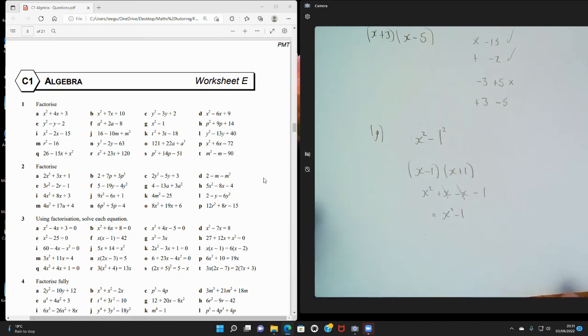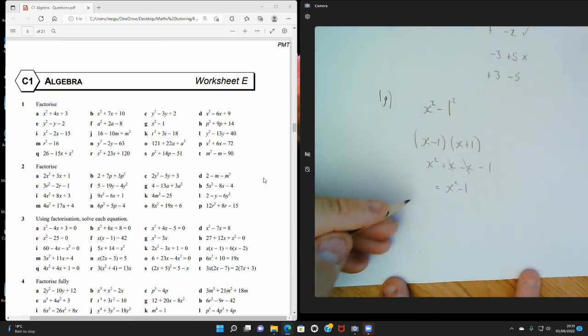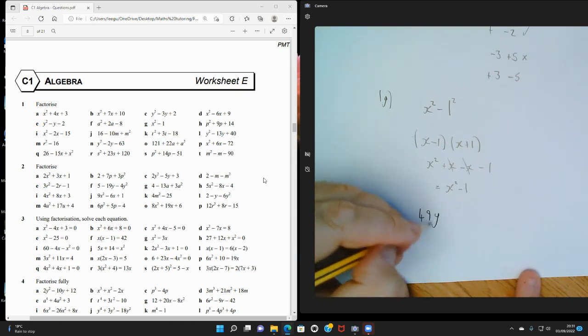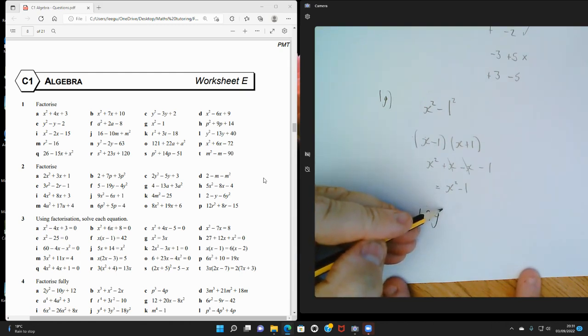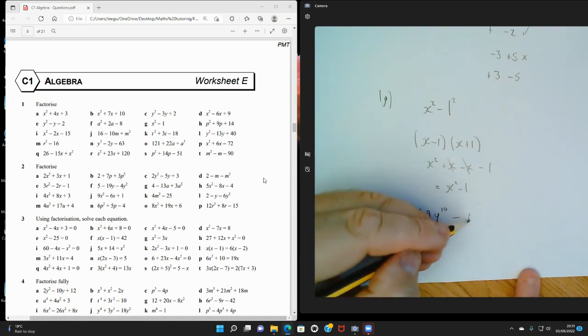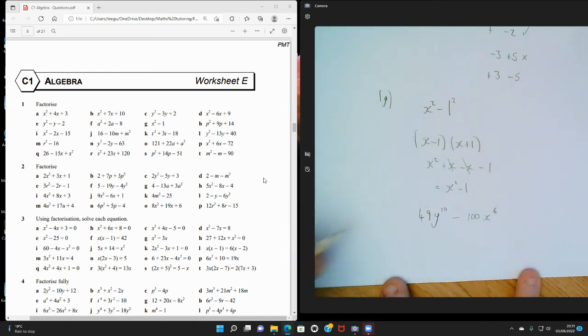So let's have a look at some other instances of the difference of two squares. What if I was to have, for example, let's imagine I had 49y to the power of 10 minus 100x to the power of 6.